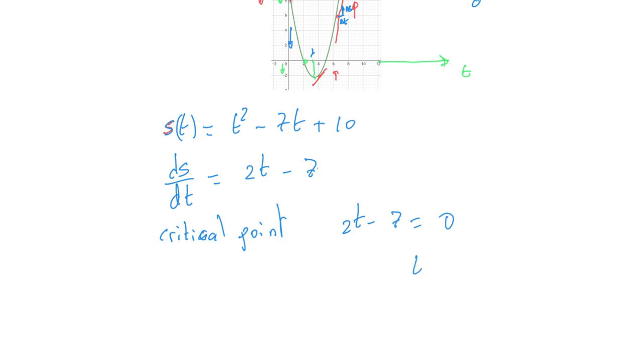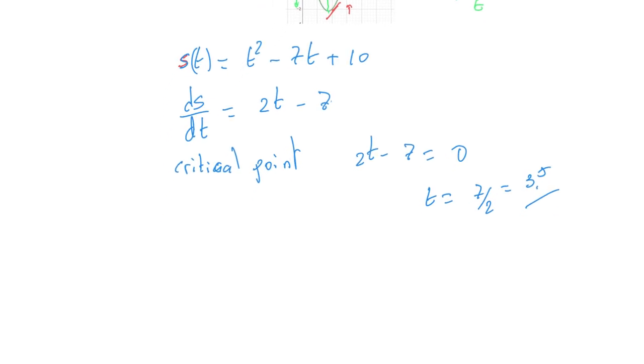So t is 7 divided by 2, or 3.5 seconds. So at t equals 3.5 seconds, there is a critical point. So now we graph our line of time t. Our horizontal line, that in this case is not x, is the time. And we give values to s prime.